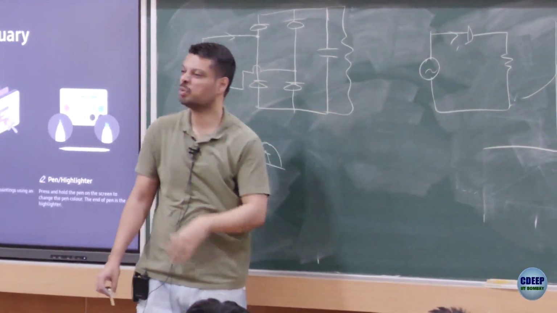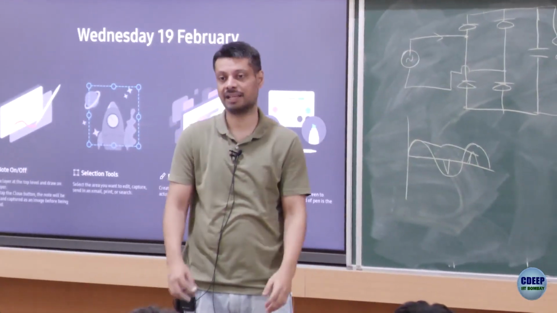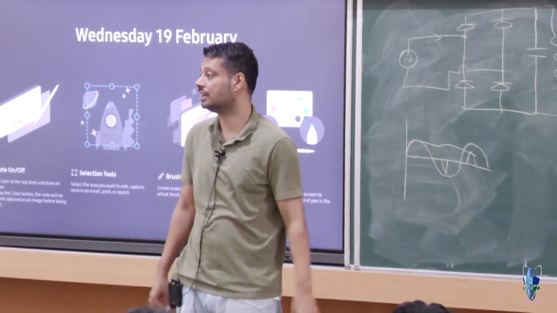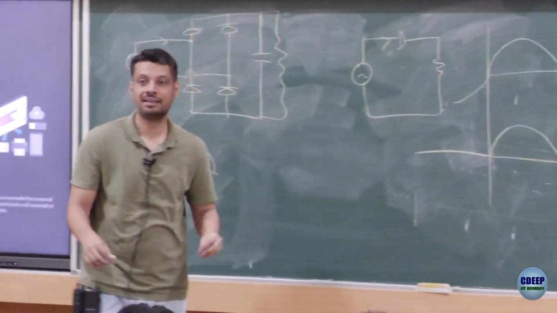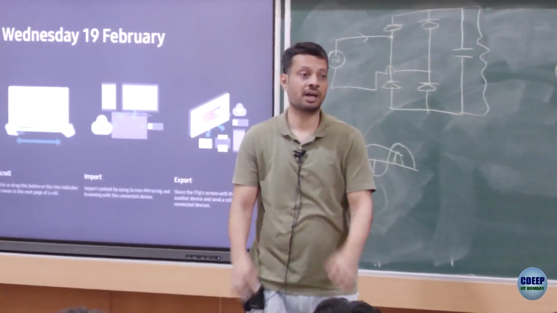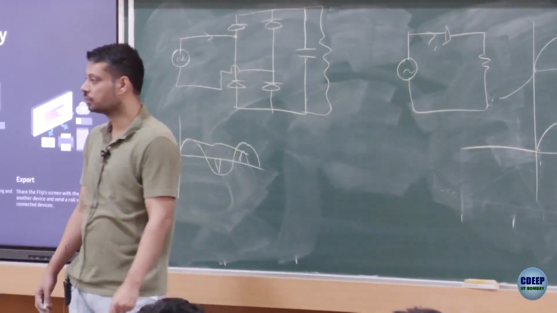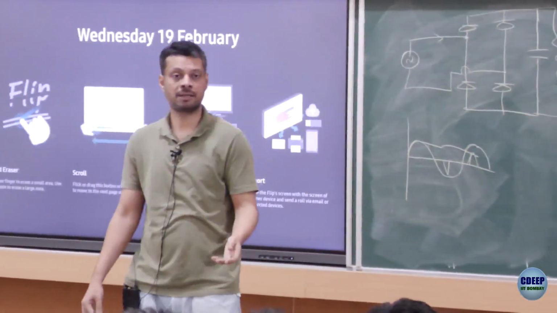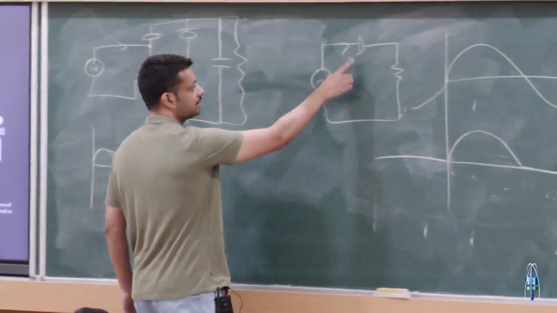Other than that, most of the rectifiers which you use in the network have that, and therefore most of the current in the grid is half-wave symmetric, and therefore we rarely have even harmonics. We always have odd harmonics in the grid, right? Is that okay? In fact, you will be surprised that even your mobile phone chargers don't have this.